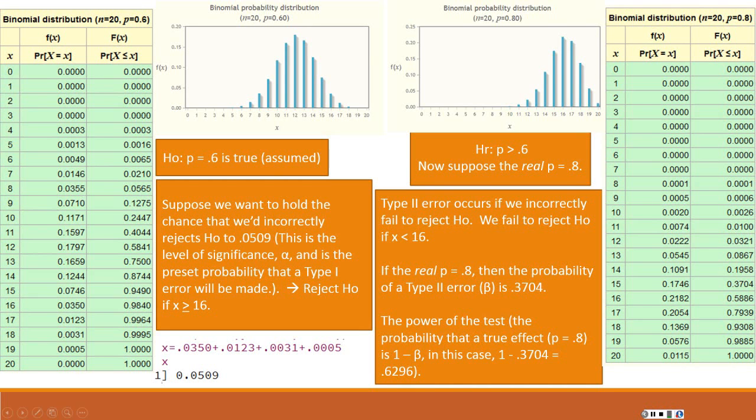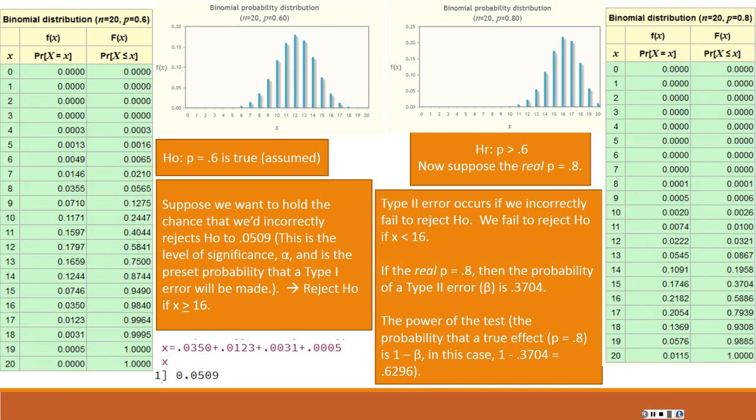But the type 2 error is, if the real distribution, the 0.8, is true, what's the likelihood that we would fail to reject H0? We're going to fail to reject at 15 or less, and we see 0.3704. So that then is the probability of a type 2 error.